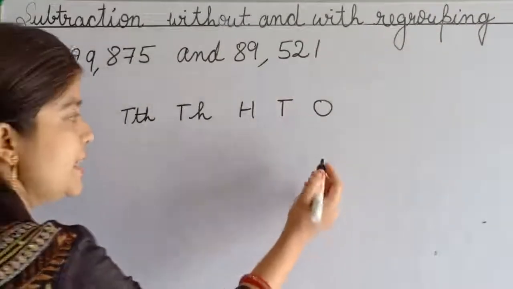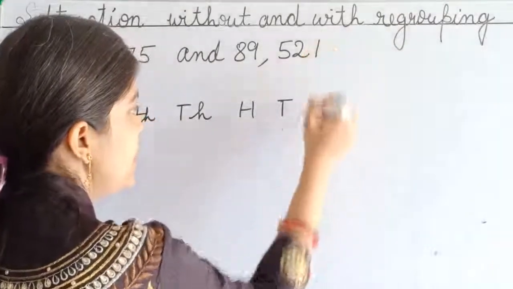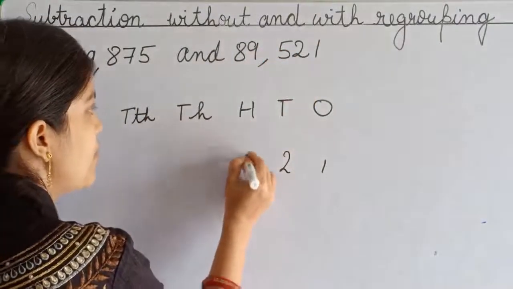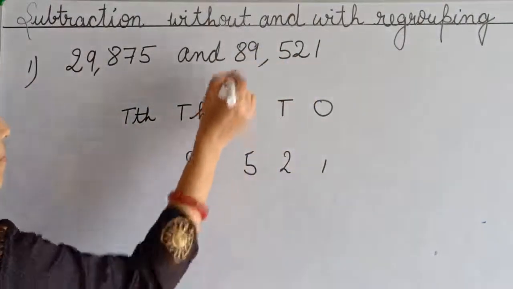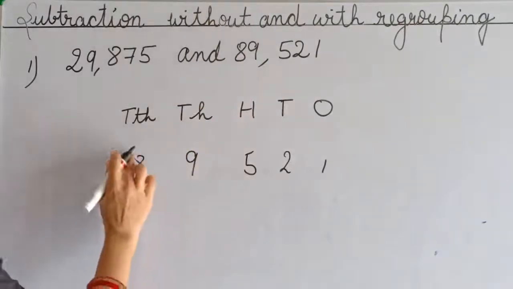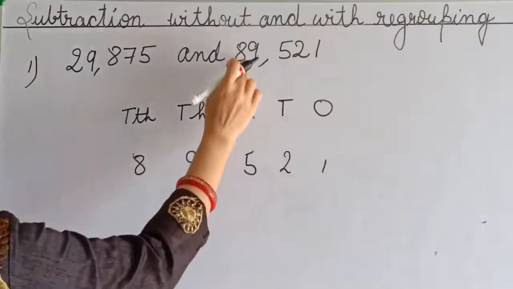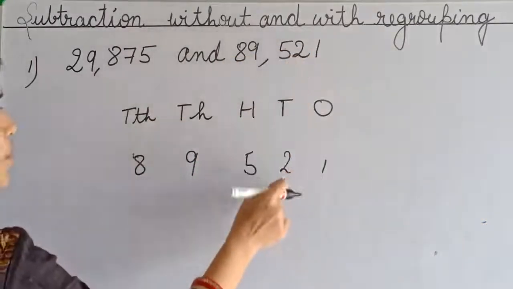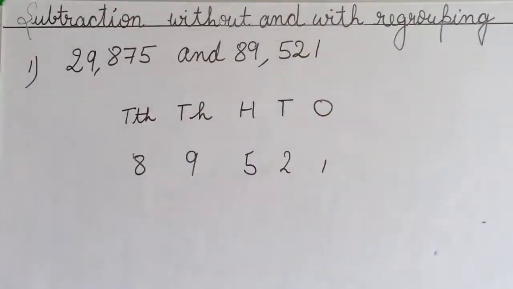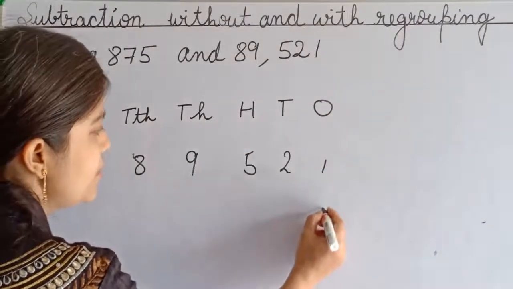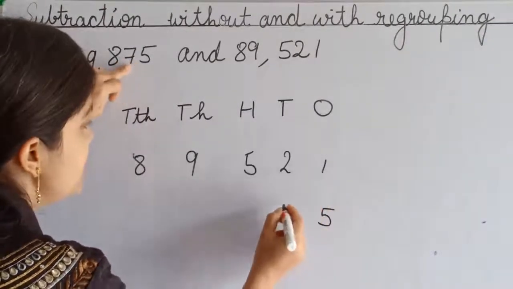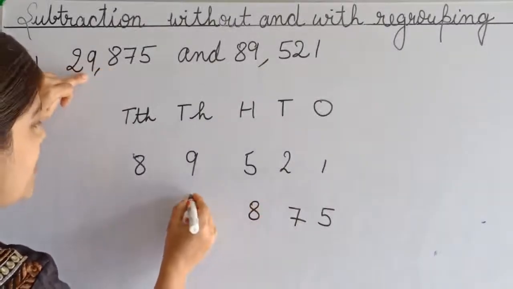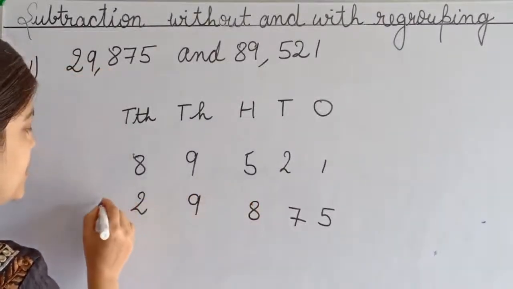Arrange from the right-hand side only. 1, 2, 5, 9, 8. Because it is 80,000: 8 ten-thousands, 9 thousands, 5 hundreds, 2 tens, 1 ones. Similarly, we arrange this number also: 5, 7, 8, 9, 2. Then we will subtract.